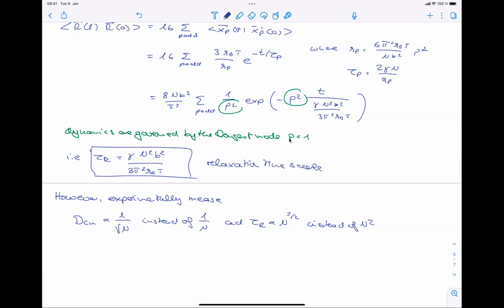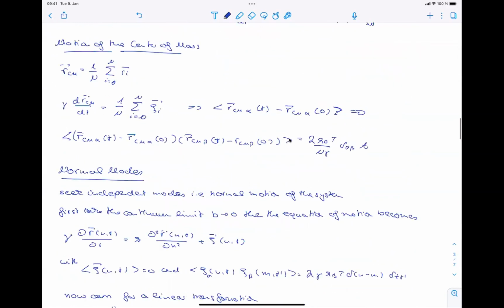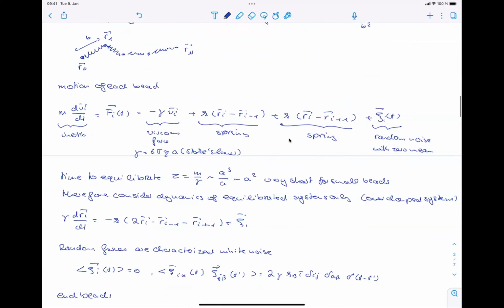For what went wrong, we should go back to our initial equations. So this is where we started. We convinced ourselves that neglecting inertia was a good thing because that's a very fast process. So that's not the culprit. So we must have neglected forces in our enumeration of the forces here.